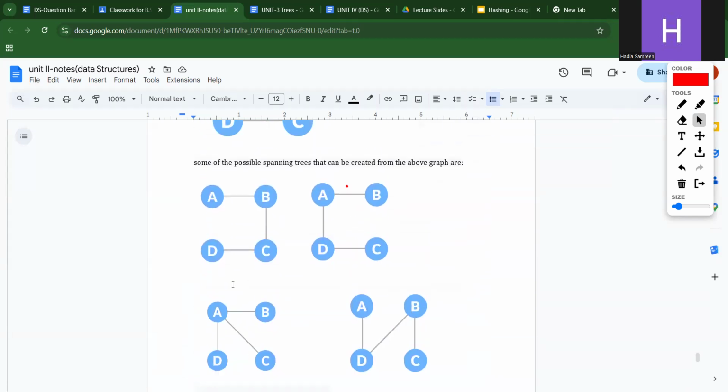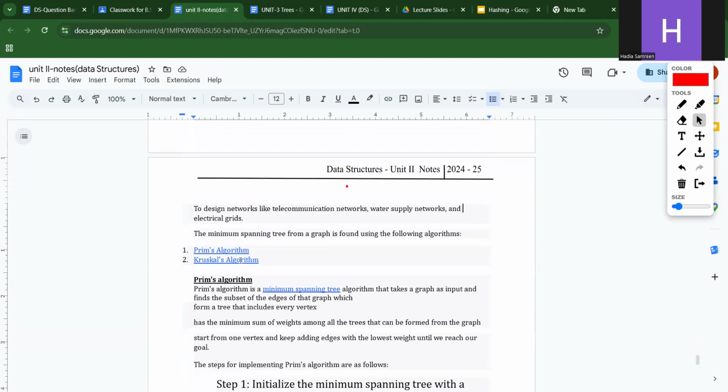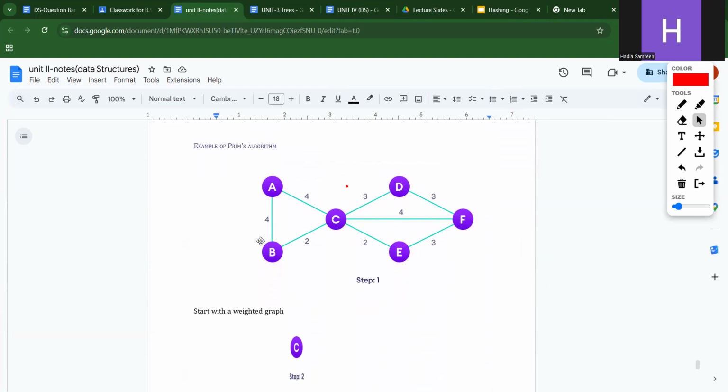So that is something known as a minimum spanning tree. To come out to the minimum spanning tree, we have two algorithms, namely Prim's algorithm and Kruskal's algorithm. In short, we will see an example from Prim's algorithm.